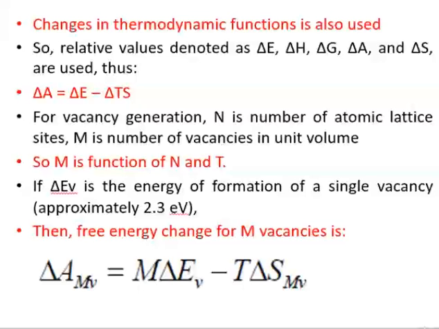And if we are talking of generation of some vacancies, the vacancy is one type of point defect. So if we want to generate a number of vacancies in the atomic lattice of a semiconductor, and we assume m is the number of vacancies in unit volume, that is per unit volume.